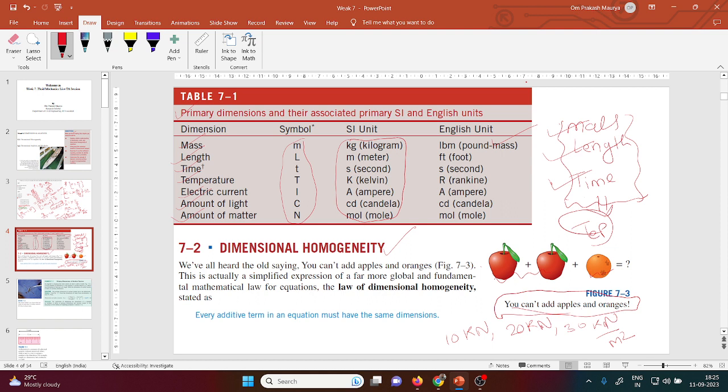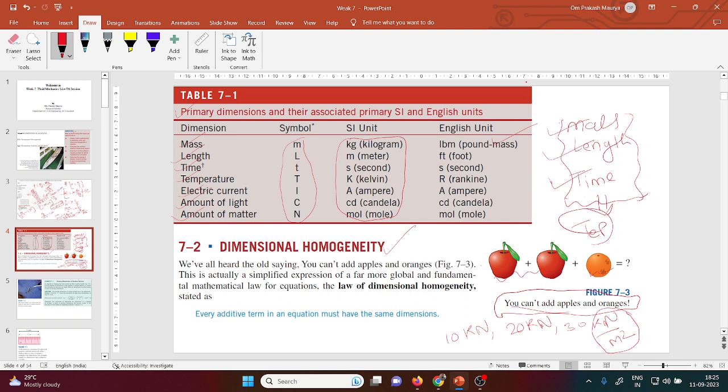We cannot add all three. Why? The unit is not the same for all three. So for adding, we need to convert the kilonewton per meter square into kilonewton, then we can add. This is the meaning of dimensional homogeneity. Homogeneity means everything should be in the same units.